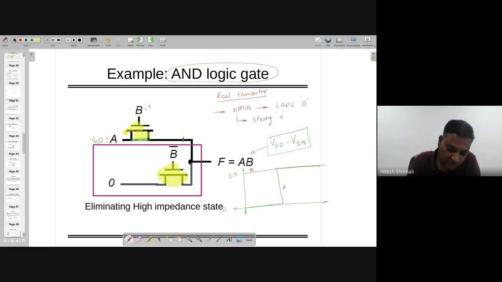The output remains 0, right? So the black part is the output, or you can say F. But when A is moving to 2.5, the output will try to reach it, but the difference of these two will be VTN, or you can say that it will be equal to VDD minus VTN.